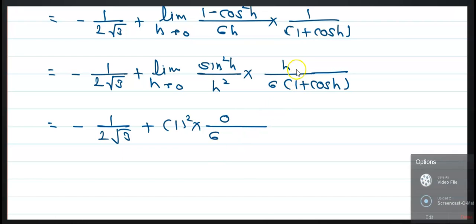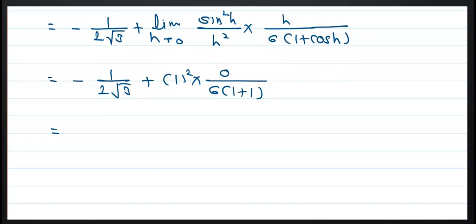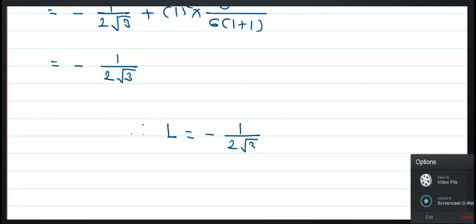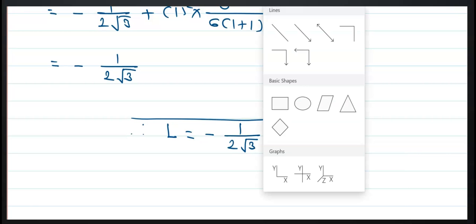But as h tends to 0, the numerator is 0 and overall the value of this quantity becomes 0. Therefore, the answer is L is equal to minus 2 root 3.